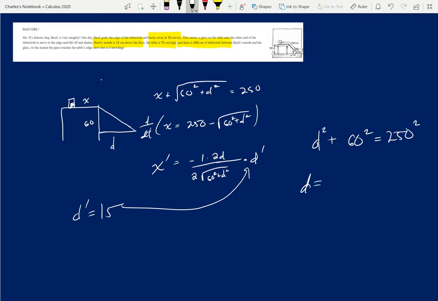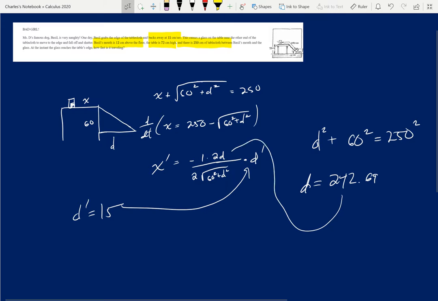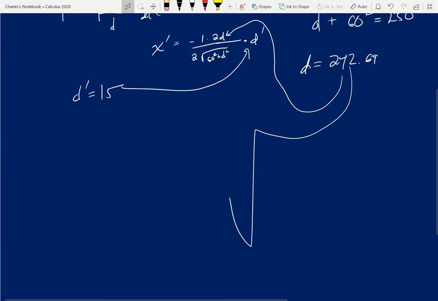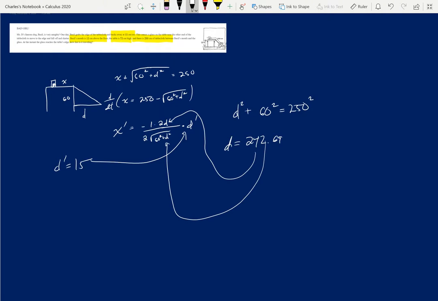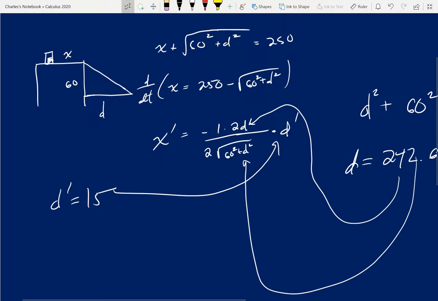242.69. Then you plug that in for this d here, and for this d right here also. It's getting a little bit messy there.